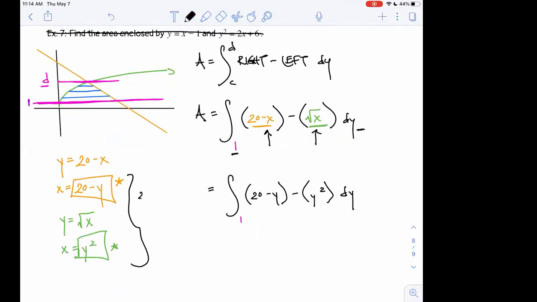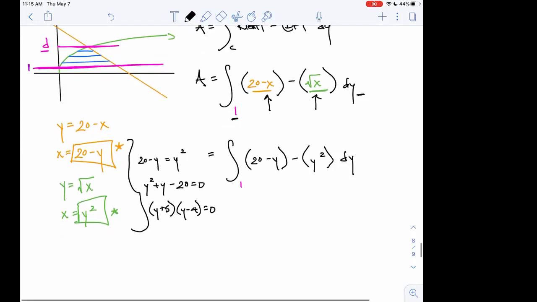So I'm going to say 20 minus y equals y squared. Now this is a quadratic, so I'm going to set everything equal to 0 and then factor. And so that will give me y squared plus y minus 20 equals 0, or y plus 5 times y minus 4 equals 0.